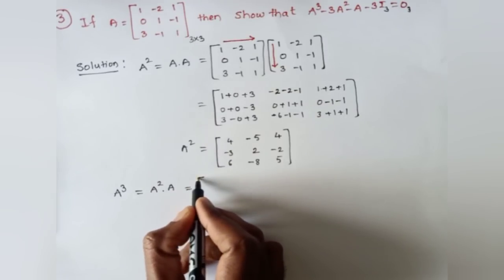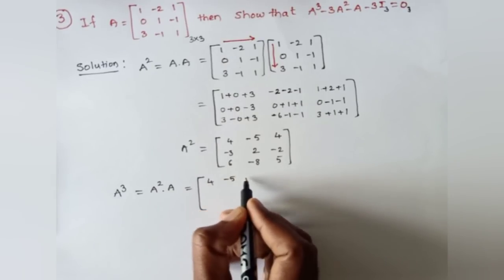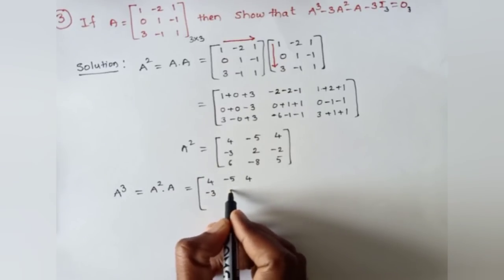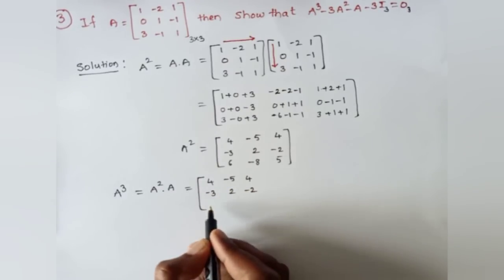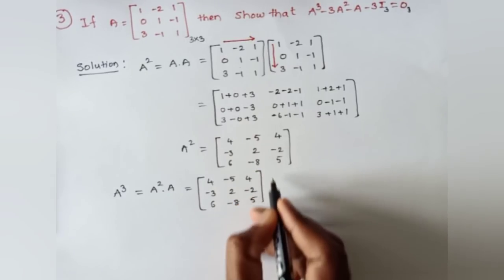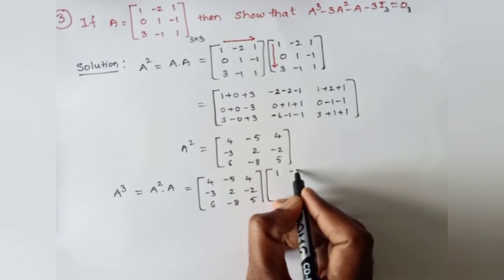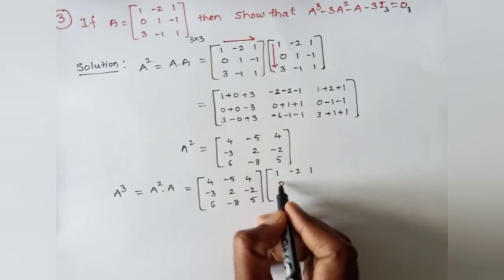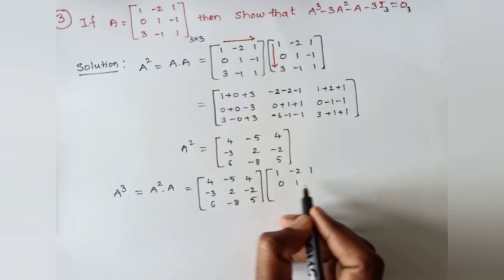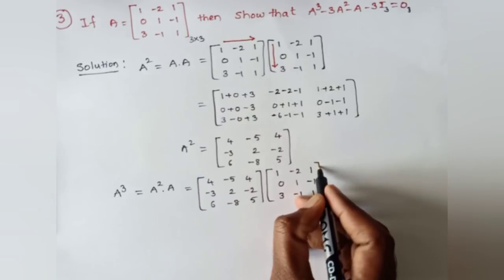So here A square is 4 minus 5 4, minus 3 2 minus 2, 6 minus 8 5, into again A, 1 minus 2 1, 0 1 minus 1, 3 minus 1 and 1.